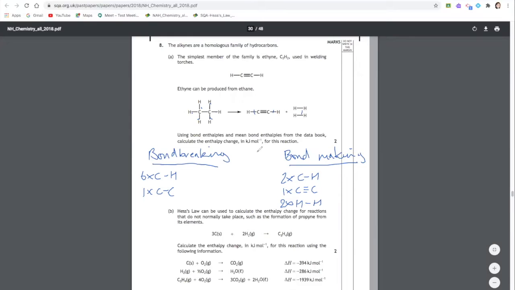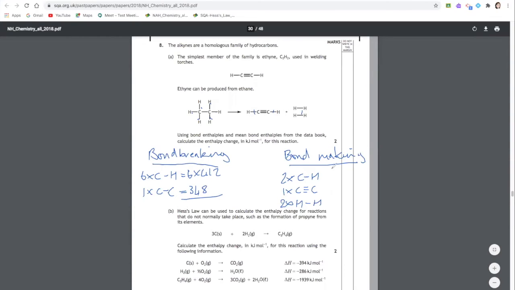Okay, so then if you look up the bond enthalpies on page 10 of the data booklet, carbon to hydrogen is 412, so that's 6 times 412. Then carbon to carbon single bond is 348.